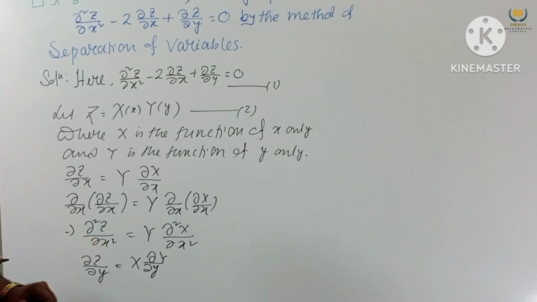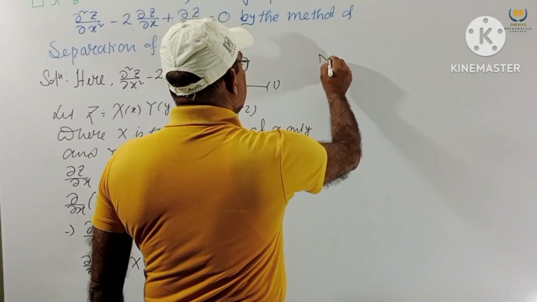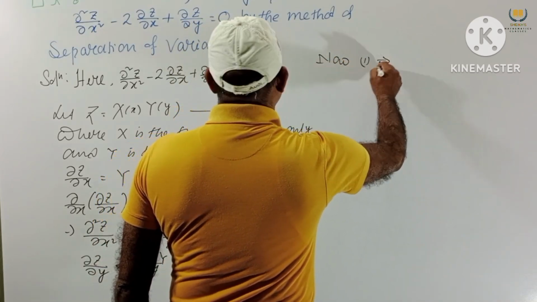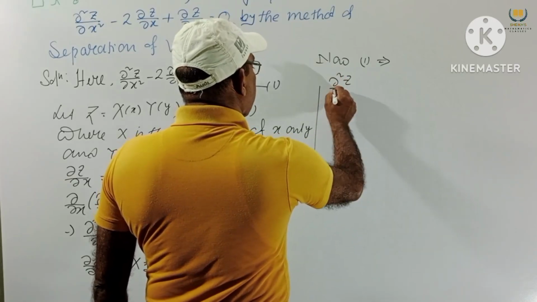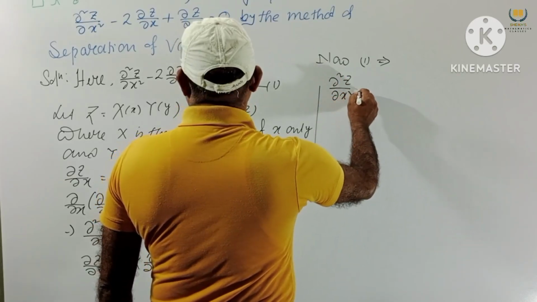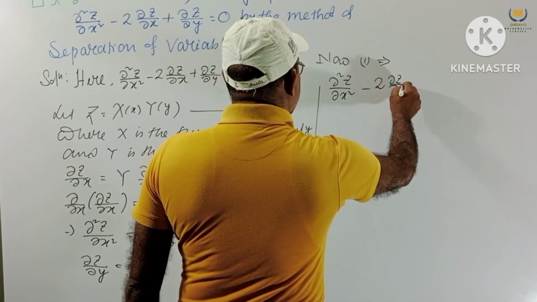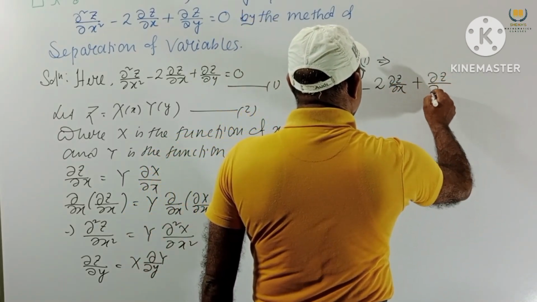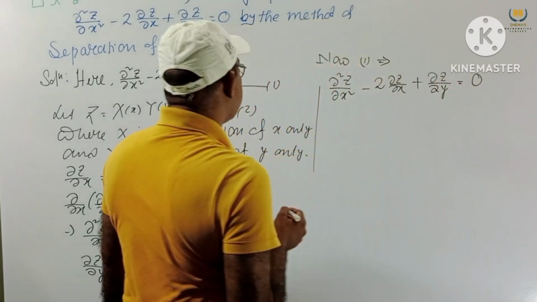So putting this value in equation number 1. Now 1 implies del square z del x square minus 2 del z del x plus del z del y equals 0.